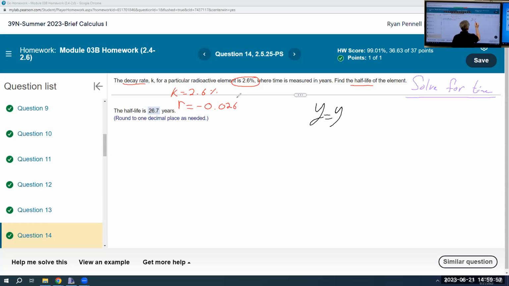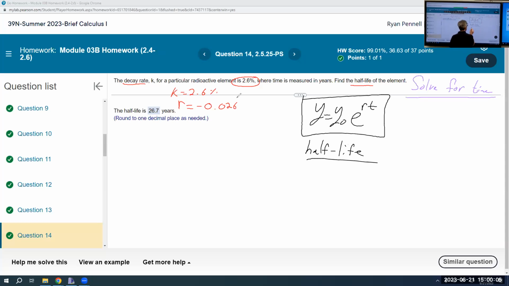Y equals the initial amount, e to the RT. They want the half-life, so that means y over y naught equals half. It's just saying we have half of what we started with. So 0.5 equals e to the negative 0.026 times t. Solve for t.